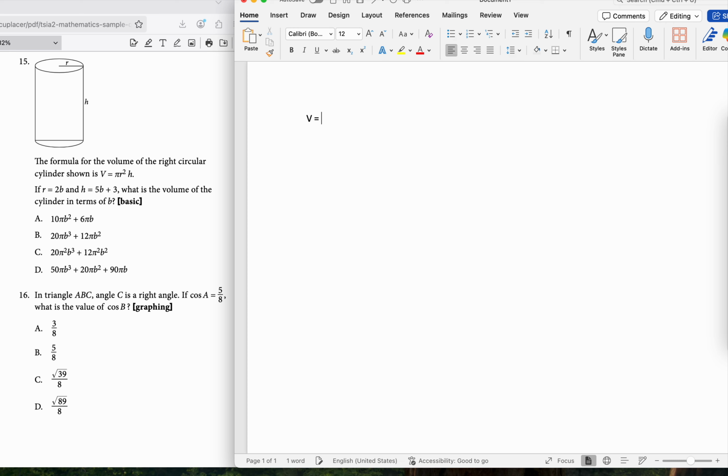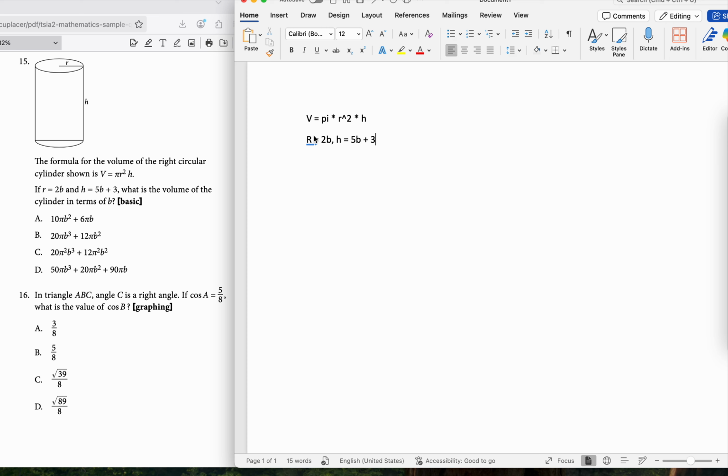We have V equals pi times r squared times h. And we represent r as 2b and h as 5b plus 3. So we want to plug that in, right?